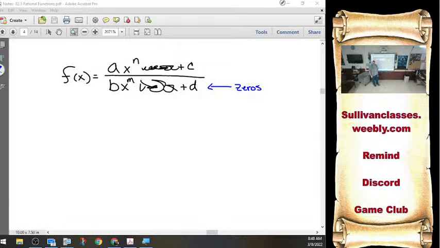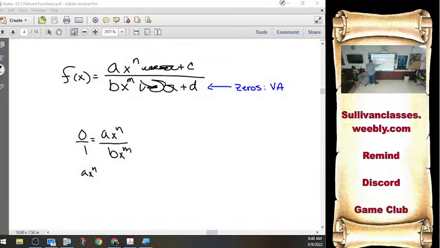Zeros of my denominator. We just said those make vertical asymptotes. Gaps in my domain. Riddle me this, Batman. If I want X-intercepts, do you remember how you algebraically find X-intercepts? 0 in for y. Well, if I put 0 here and then have ax to the n, bx to the m, what happens when I cross multiply?